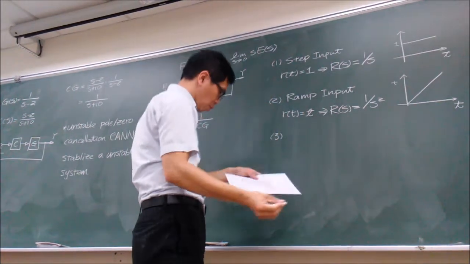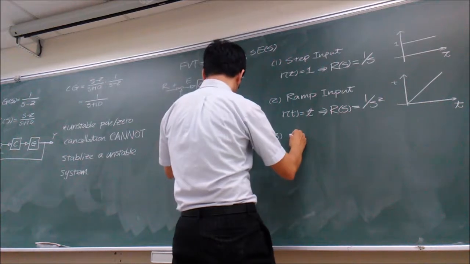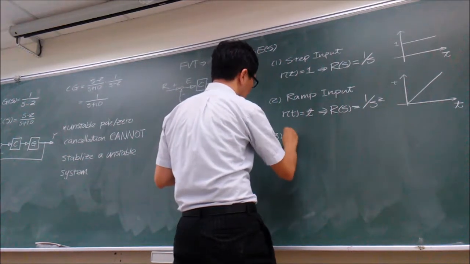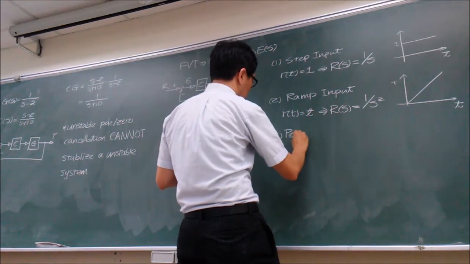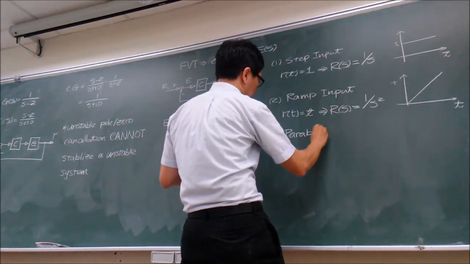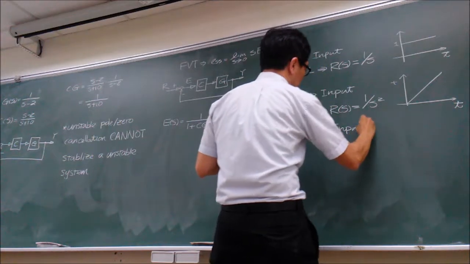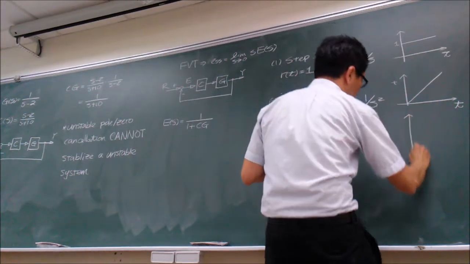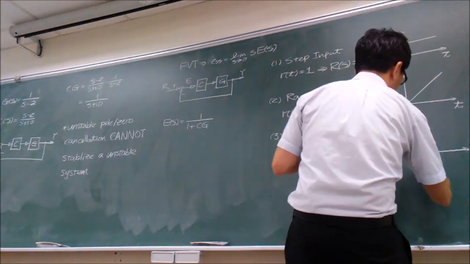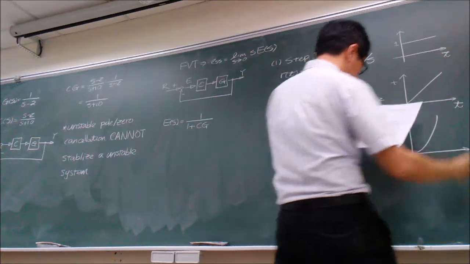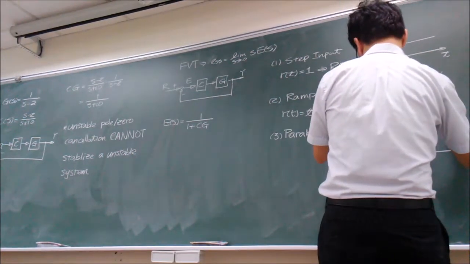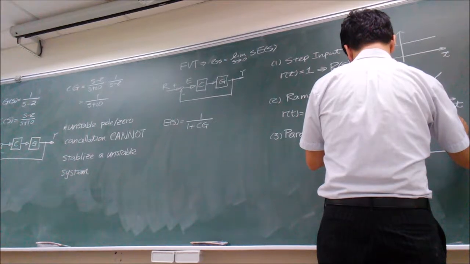Sometimes we want to have a parabolic input, which means I'm going to do higher order. In this case, I'll have t squared.